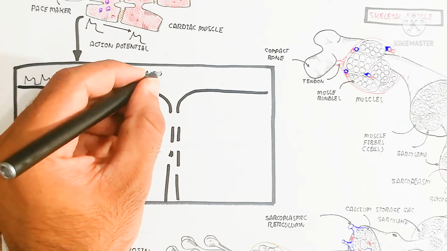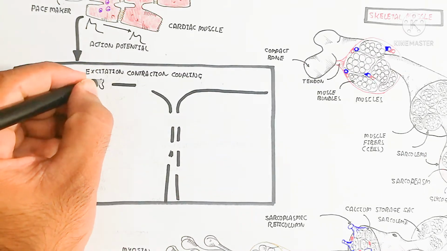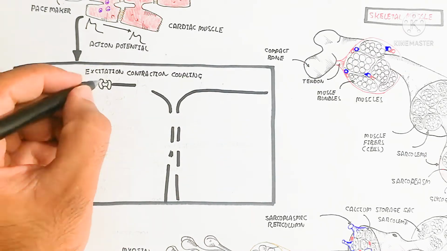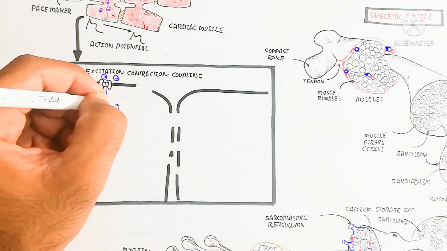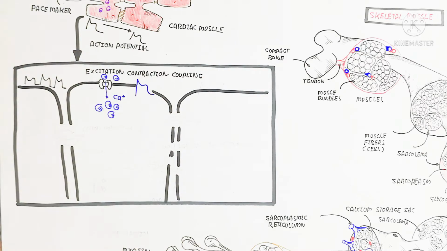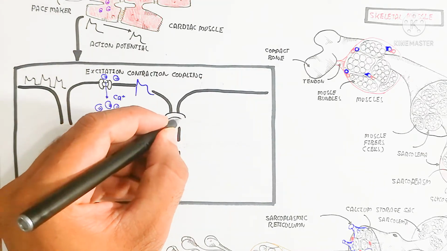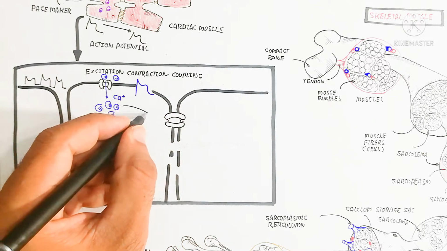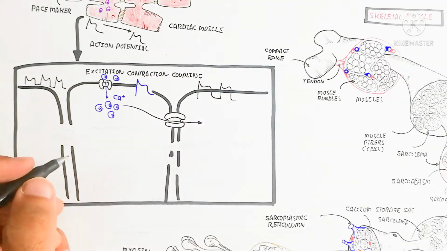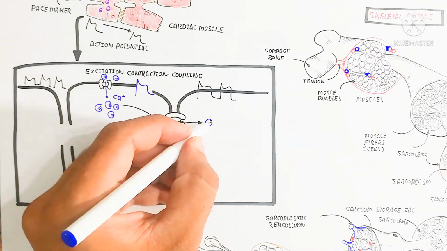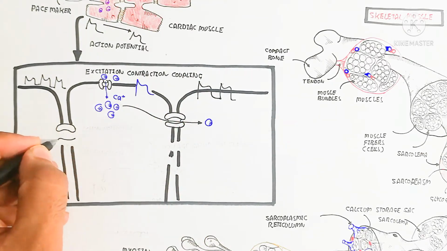So here is the pacemaker, which contains calcium, and this calcium moves to the myocytes. Basically this is the excitation contraction coupling. The myocytes will accept this calcium, and more calcium moves in through excitation contraction coupling.